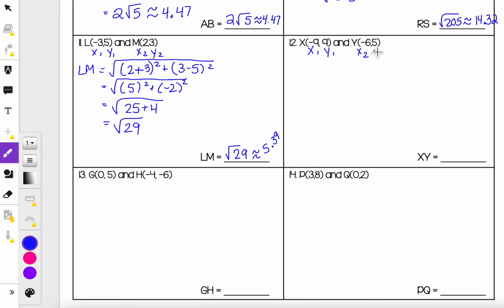So we'll do a couple more examples. If you want to pause the video at this point and try these on your own and then check along, you can. Otherwise, we're just going to keep going. -6 minus -9 is going to be plus 9 squared plus 5 minus 9 squared.